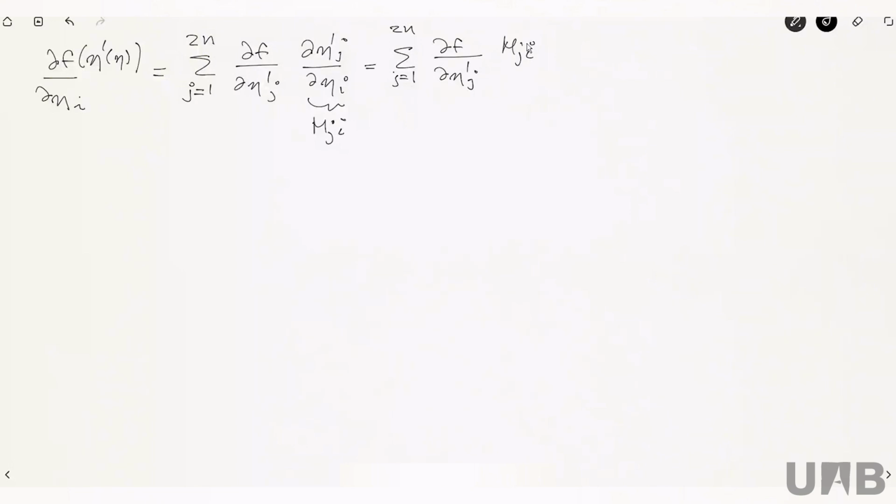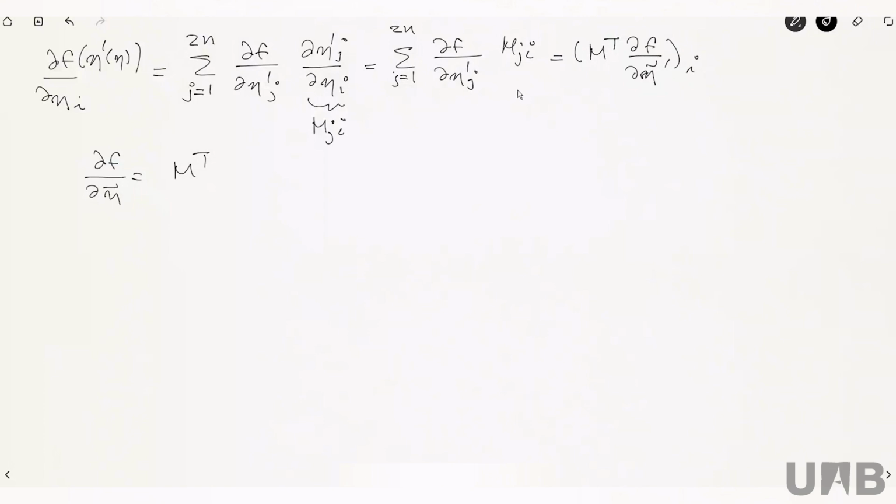And so this equation says that the partial of f with respect to eta is M transpose times the partial of f with respect to eta prime, element i. You agree?